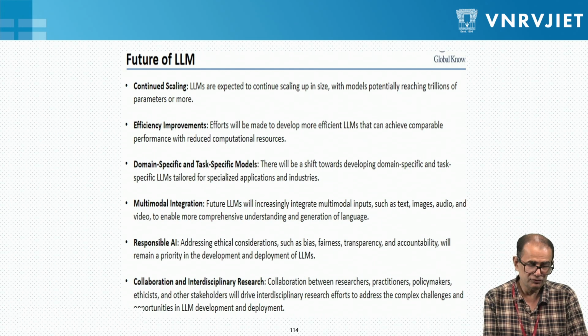Okay. What is the future of LLMs in the case of generative AI? I would say that we need to make our LLM scale up, and it needs to learn continuously. Okay, so that's what we need to do in the case of LLMs. We also need to have our LLM as a responsible LLM, so it can do the responsible AI thing very well.